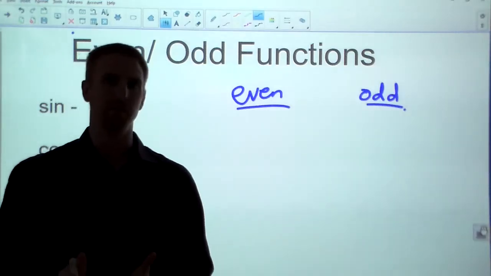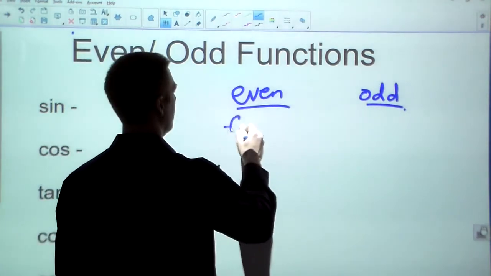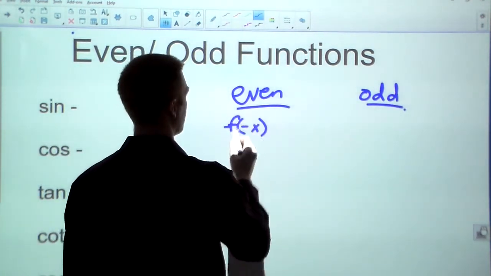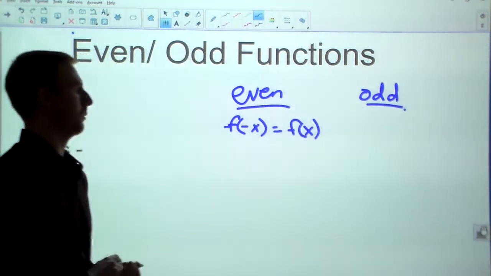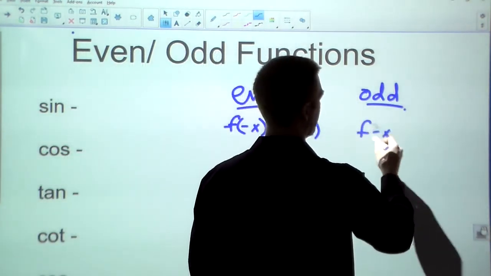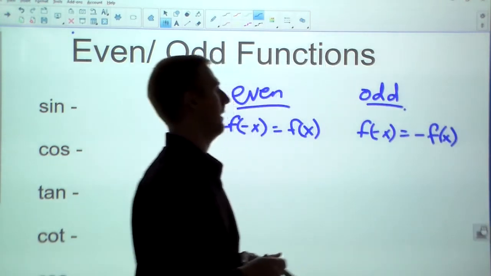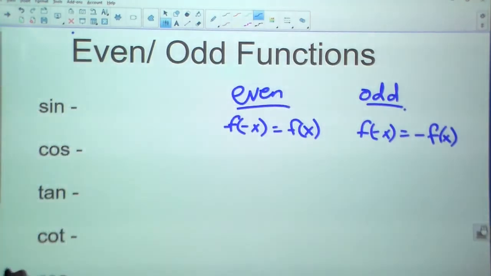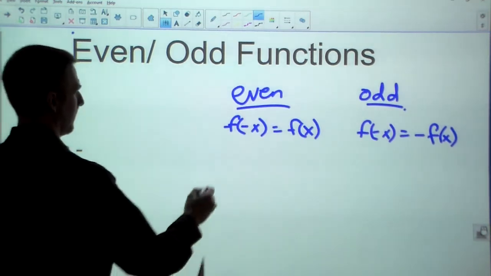Going back to even and odd functions. If something's even, then if we plug in the negative version for x, we're going to get the exact same y value out that we began with. And if something's odd and we plug in the opposite x value, then we end up with the opposite y value. So that's going to be our test. I'm just going to do this visually. Let's take a look at the sine graph.